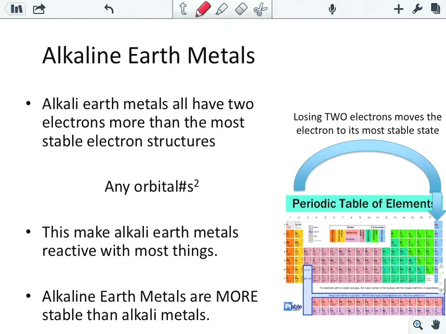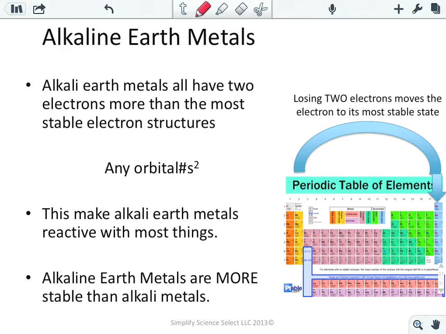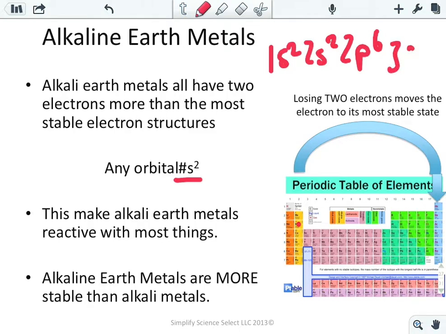Now when we look at the alkaline earth metals, anything like that ends with s2. We used sodium, which was 1s2, 2s2, 2p6, and 3s1. Right next to it, magnesium, which is our alkaline earth metal, is just 3s2.